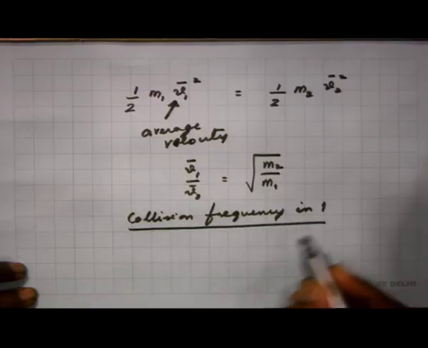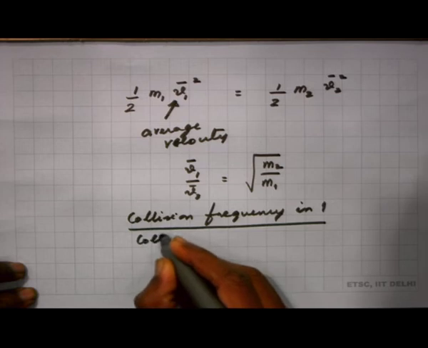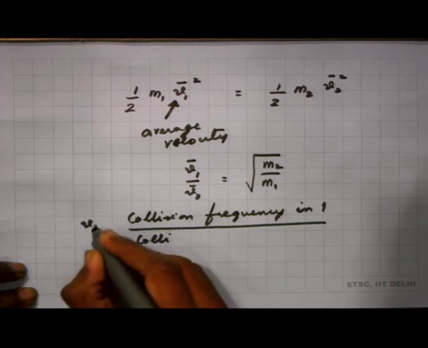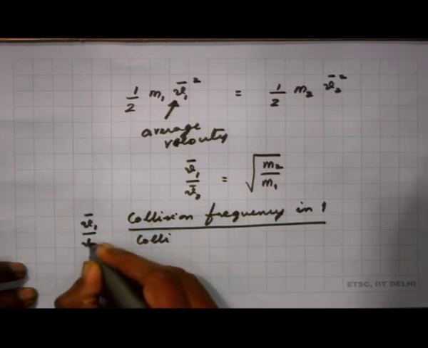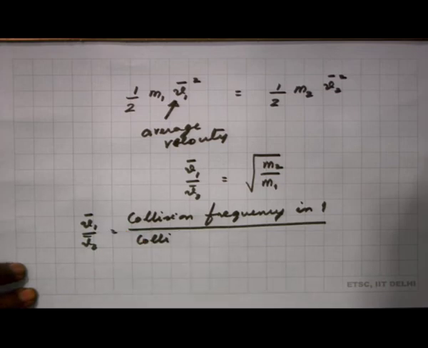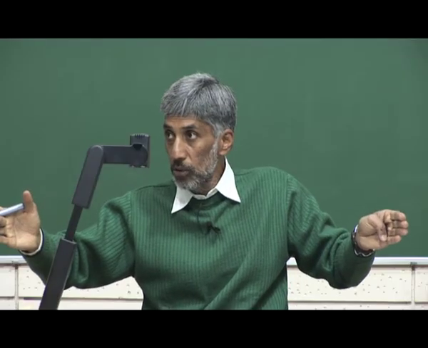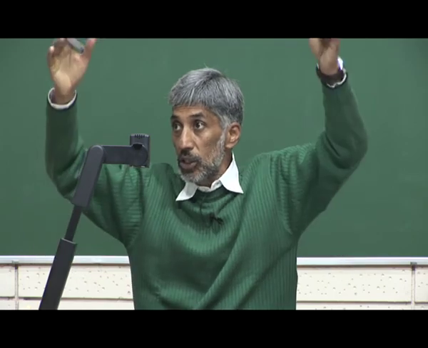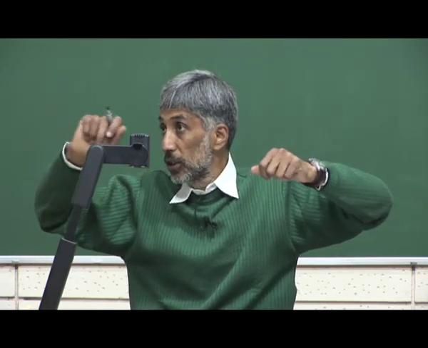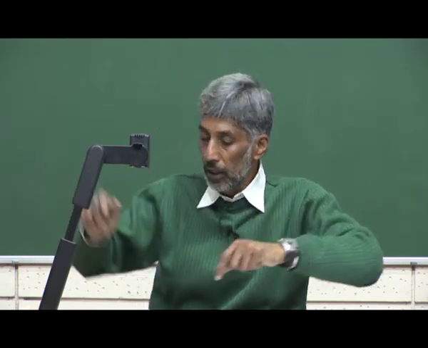So, V1 bar over V2 bar must equal the collision frequency ratio. If you have a lot of molecules and the average velocity is higher, the number of collisions that it has with anything will increase.